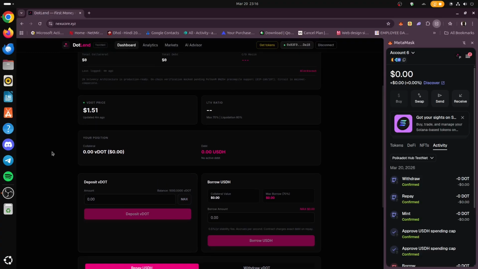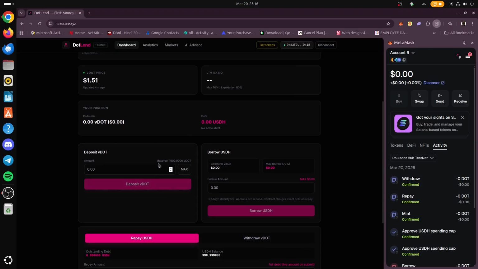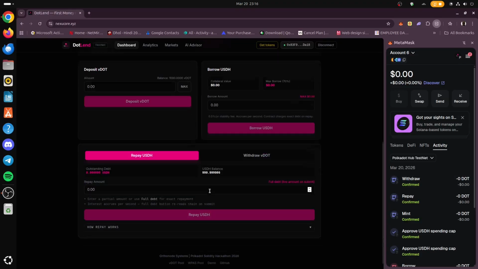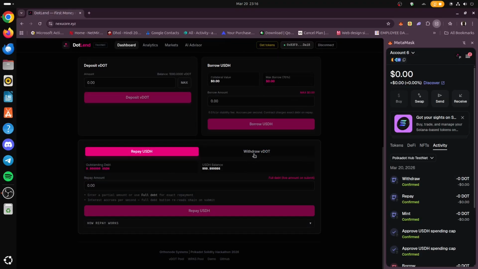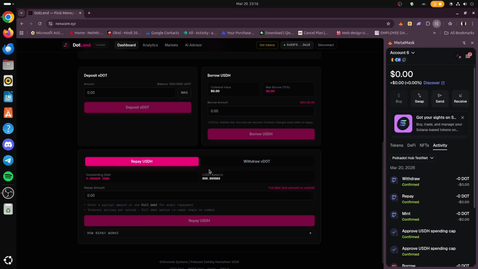Okay, you can also see our debt is currently 0 on this wallet, and there's no repay, 0, and there's no withdraw. This USD balance which we actually see. First, when you log in, you actually go to this faucet over here.